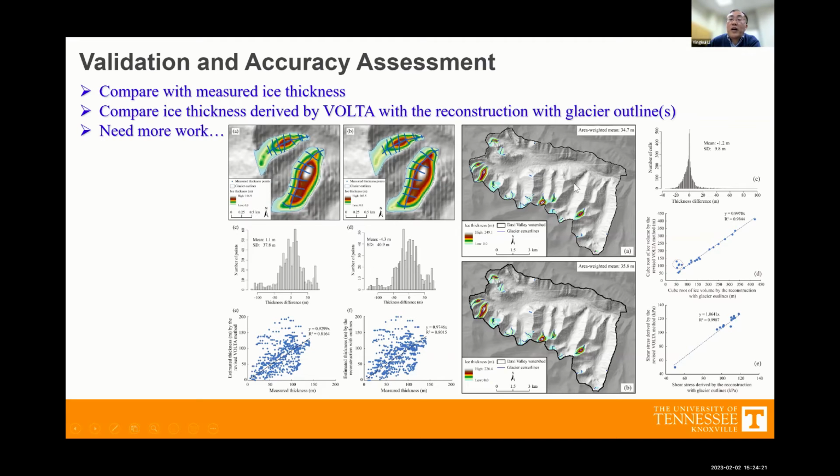And then another way I compare is Water and the reconstruction, because Water uses the ice surface topography to estimate the thickness, and then PalaeoIce uses the bare ground to estimate the thickness of the paleo ice surface. So both methods are based on flow line. You can expect they are kind of similar.